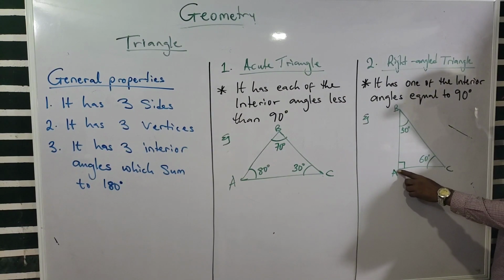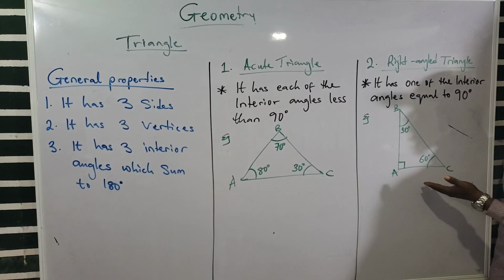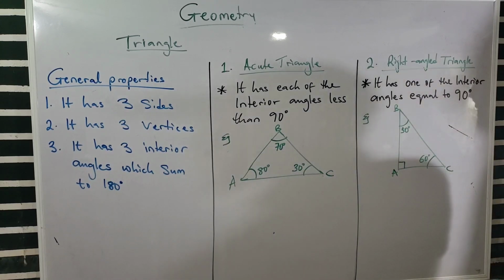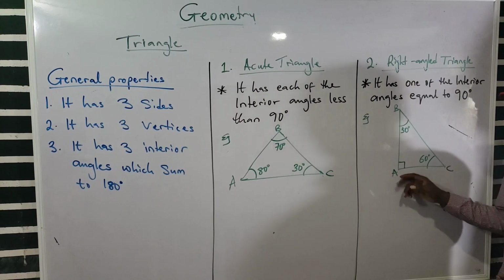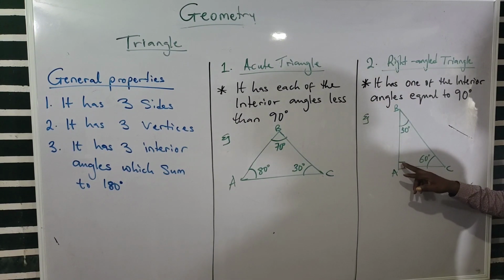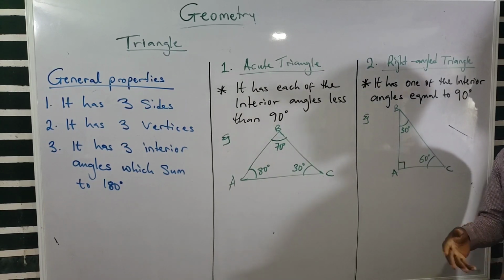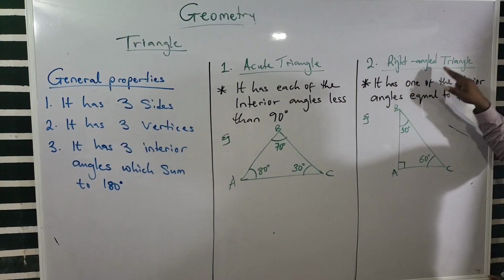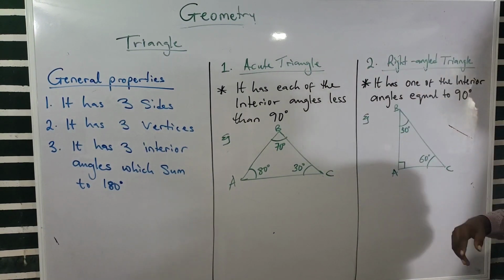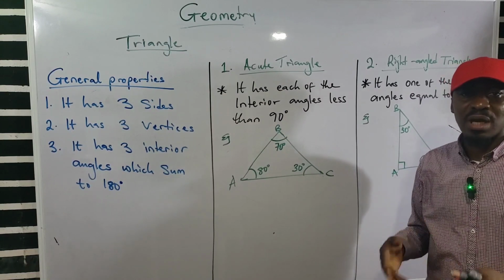Anywhere you see it, it means 90 degrees, or that the two lines are perpendicular. If you check our video on lines, where we discuss angles and lines, you will see something like that. So when one of the interior angles of a triangle is equal to 90 degrees, such a triangle is called a right-angled triangle.